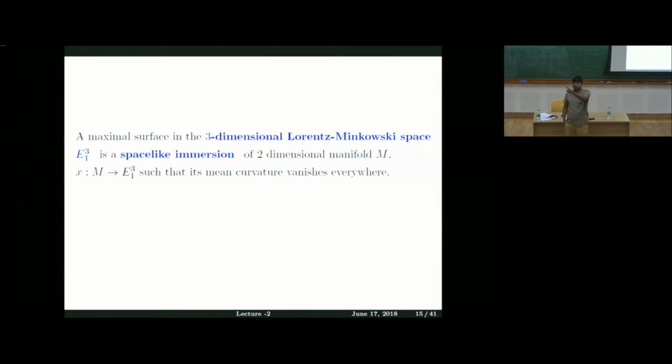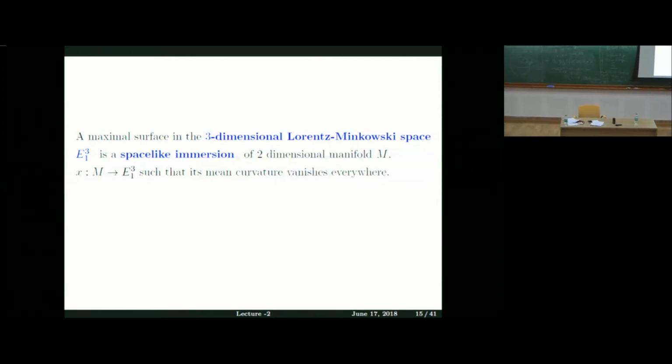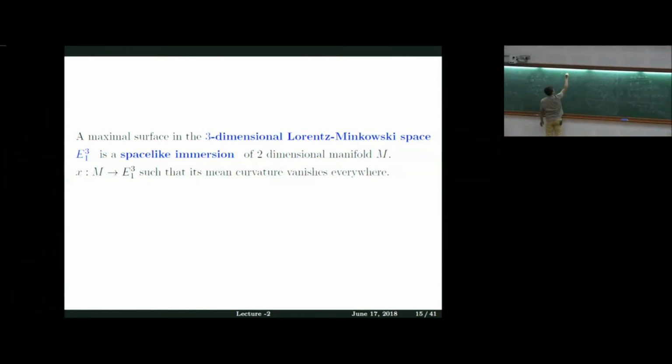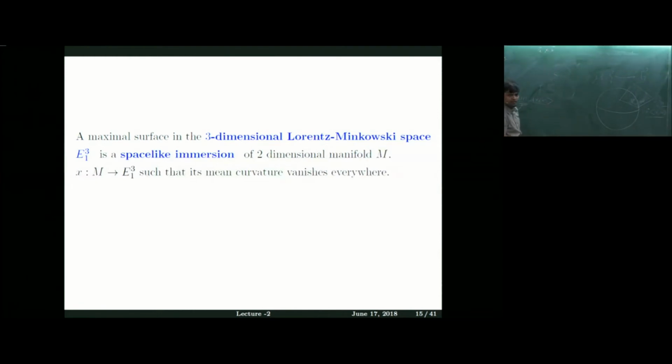The normal is x_u cross x_v divided by its norm. But there are a few points. If you have vectors a and b, what do you mean by a cross b? It is to define the normal in this space. a cross b is the vector such that the metric of a cross b with x equals the determinant of a, b, x.